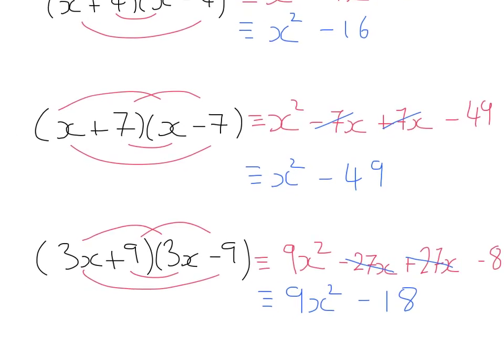Now what's really interesting about these three expanded expressions in blue is that in every single case, every number is a square. 16 is a square number, so is 49. That should be 81.